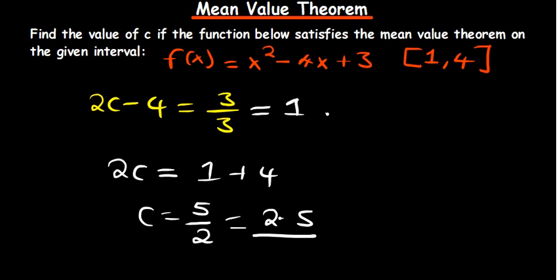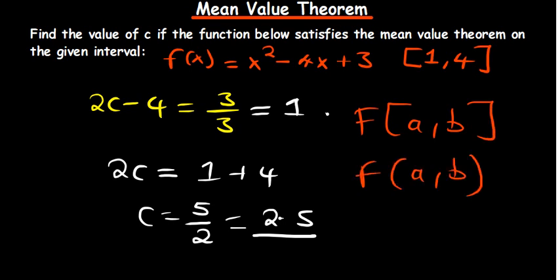And of course, you can combine the mean value theorem with Rolle's theorem. If you already know about Rolle's theorem, it will be very easy for you to connect the two, because they are all, first of all, looking at a function being continuous on the closed interval a and b, and then being differentiable on the open interval a and b. For Rolle's theorem, the third condition holds that there should be a point where the derivative is zero.